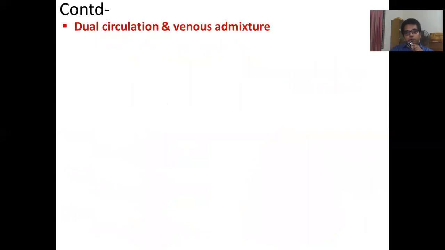Now, another important special feature is that lungs have dual circulation, and there is a very important feature that is called venous admixture.